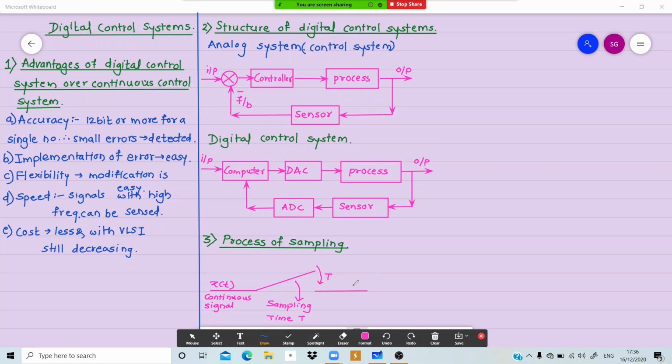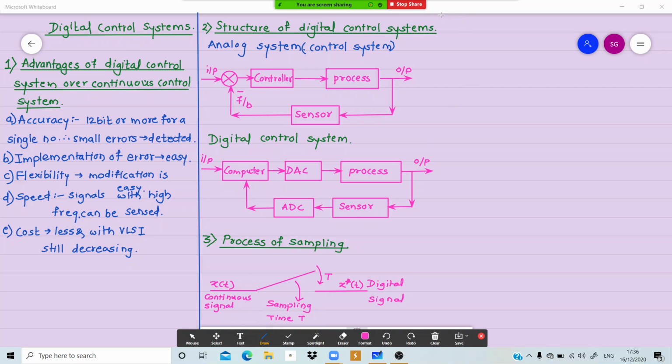And what you are going to get at the output side? Yes, it is going to be digital signal. And this digital signal, now how we are representing? X star t, correct?